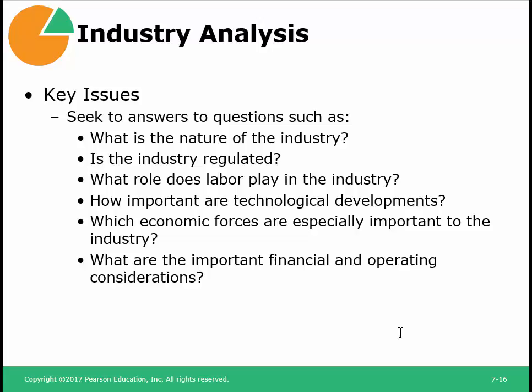Are there any other kinds of operating or financial constraints or considerations that we need to know about? All of these questions give us a picture of how well this industry will work once we decide now how the economy is going to work.